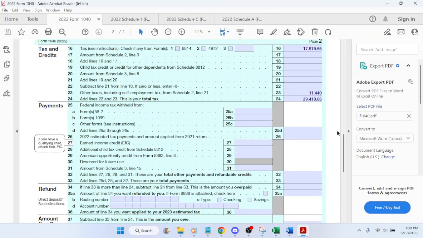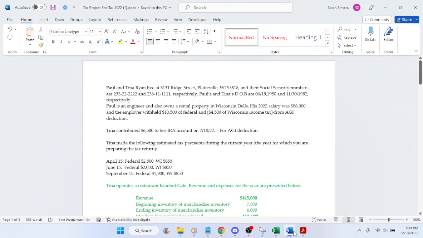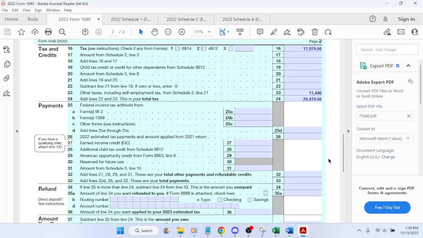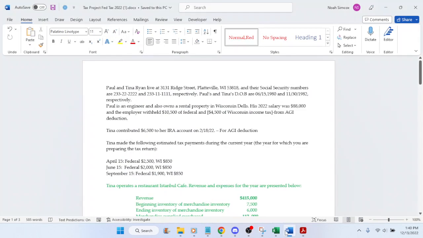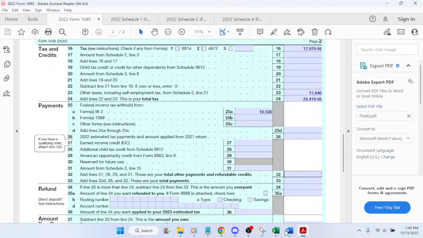Okay, federal income tax withheld from Form W-2. So we have $10,500. So 10,500 from W-2.